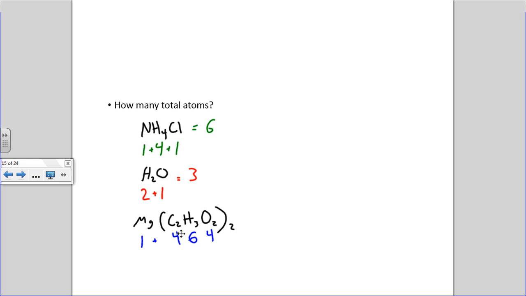So we add all these together. 1 plus 4 plus 6 plus 4, that's going to be equal to 15. Okay? So again, all we're doing is just basically adding up the subscripts. If there is no subscript, you can assume that it's a 1. So 1 plus 4 plus 1 is 6. 2 plus 1 is 3. 1 plus 4 plus 6 plus 4 is 15.